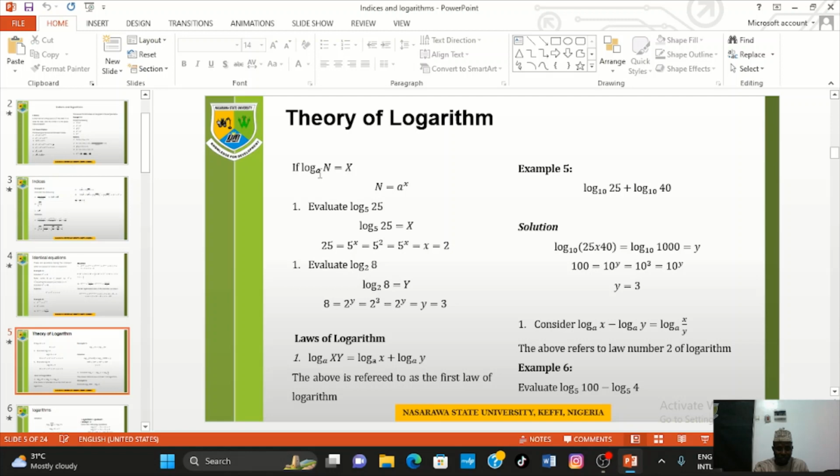It means the base here, you raise the base to the power of what you have at the right hand side of the equal sign. So your n will be equal to a raised to the power of x. Now, take for instance, if a question is given as this: evaluate log 25 to base 5.